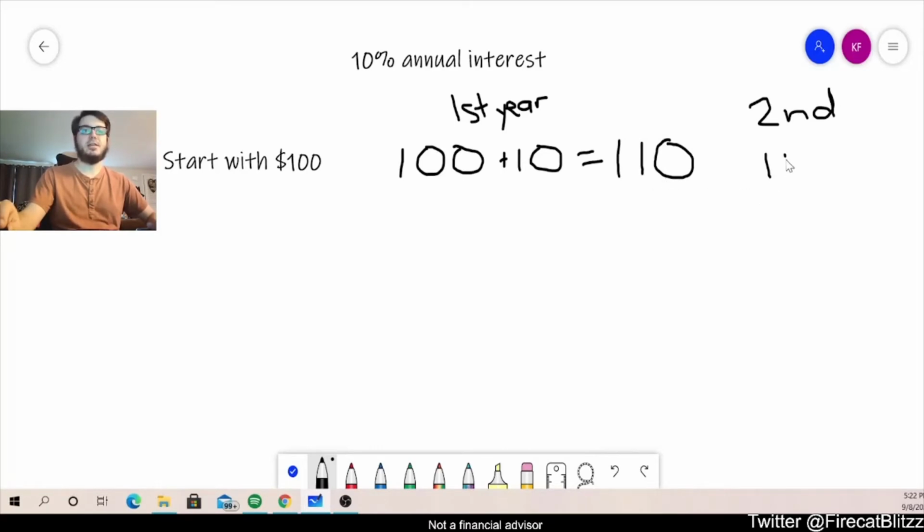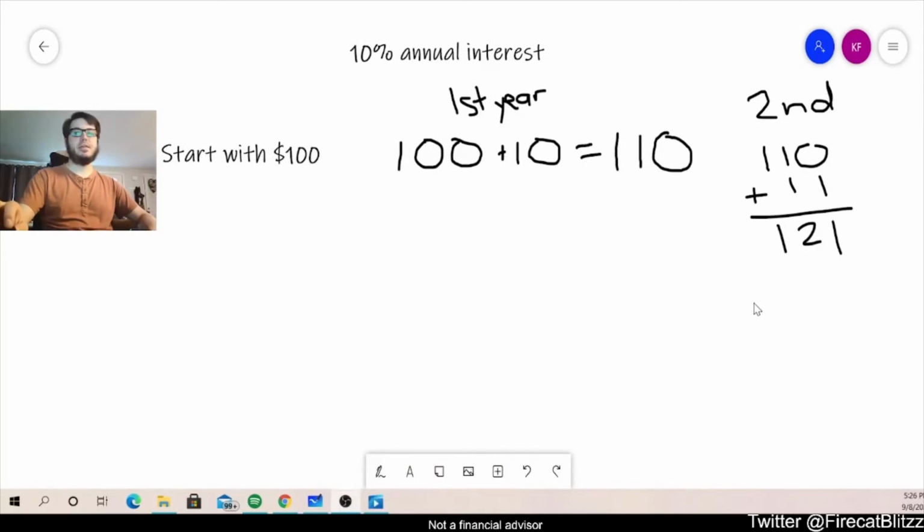So we have $110 plus another $11, leaving us with $121. So notice we gained $10 the first year and then $11 the second year. So we actually gained an additional dollar off the interest from the previous year. And that would continue to compound as long as we let the money sit in there.